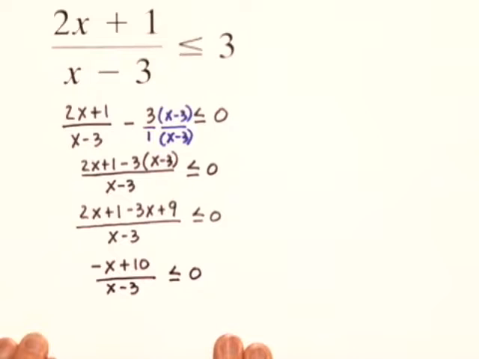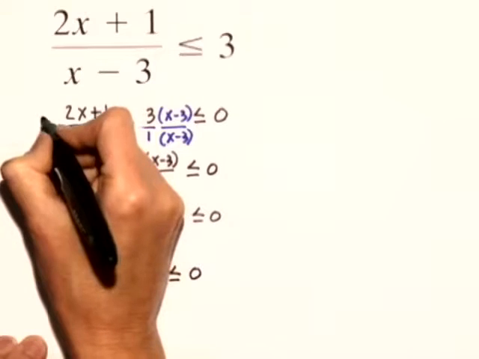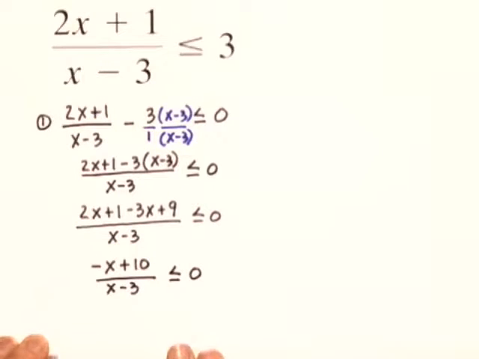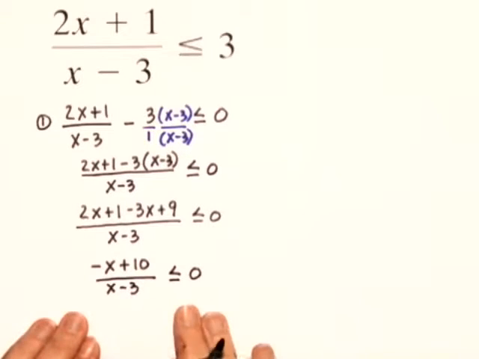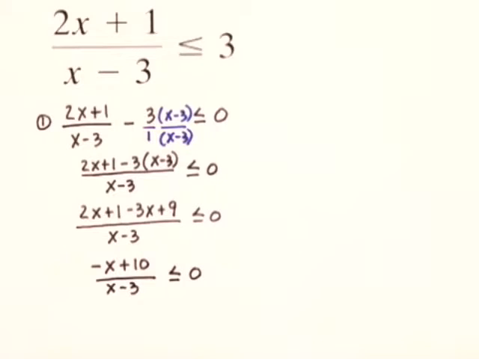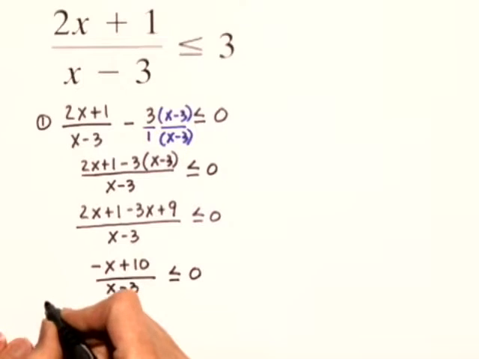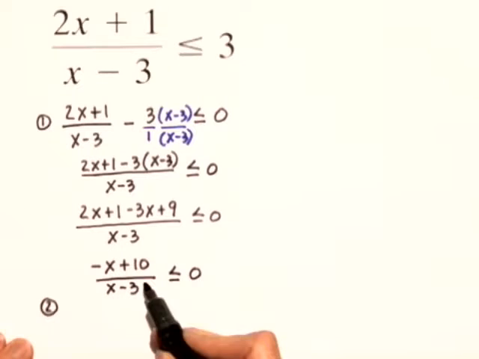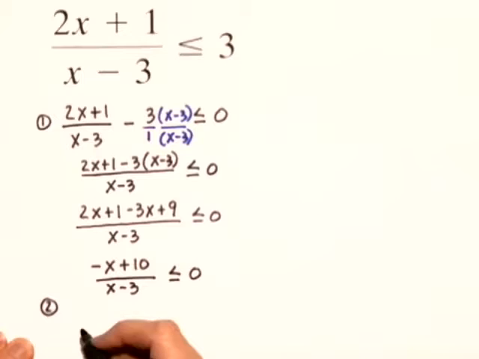Now, this was all a part of step 1. We wanted to make sure that we had all of our terms on one side and 0 on the other side. Now we're ready to move on to step 2. In step 2, we set both the numerator and the denominator equal to 0 to get partition values.